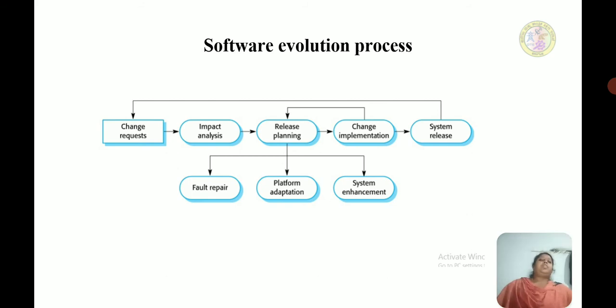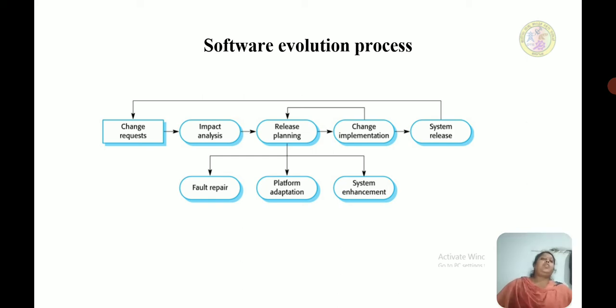Then in the software evolution process, any changes have to be made in terms of a change request. After making the request, the changes go through impact analysis. After the analysis, we release a certain set of plans, and those new plans have to be executed.